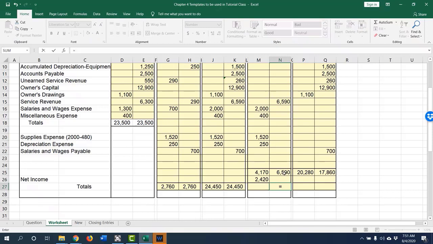This side, the credit side, is 6590 and our debit side was 4170, but we have decided to add 2420 to make the two sides equal. So 2420 plus 4170 is the total of 6590. So the debit side and credit side of the income statement match.